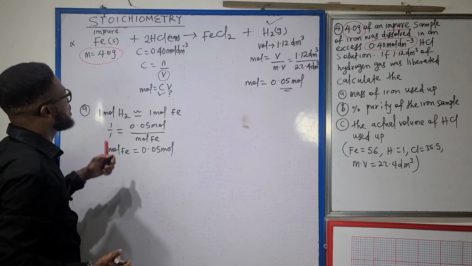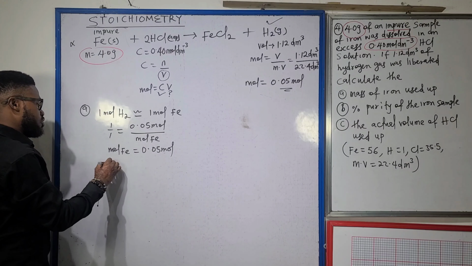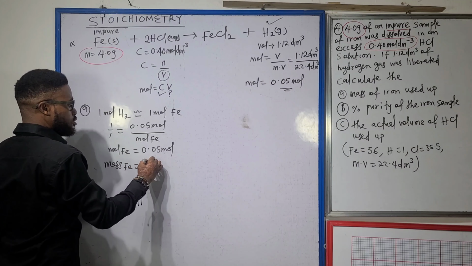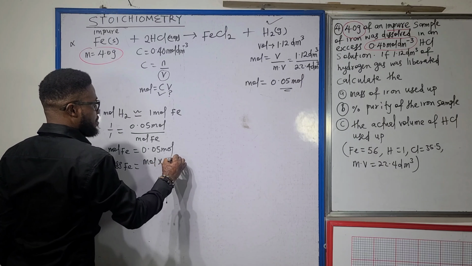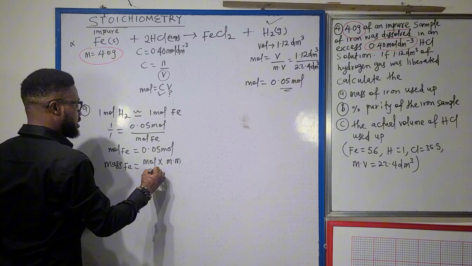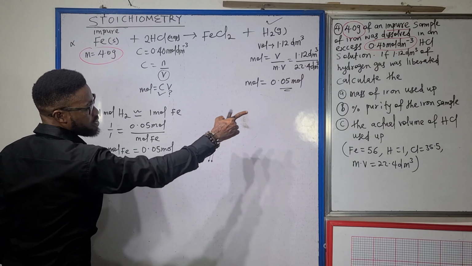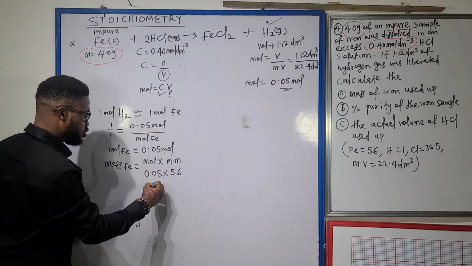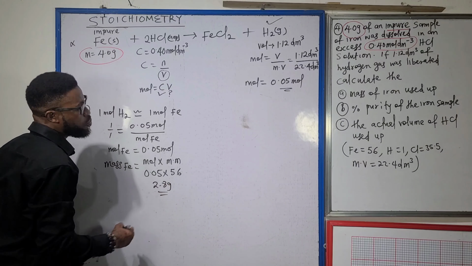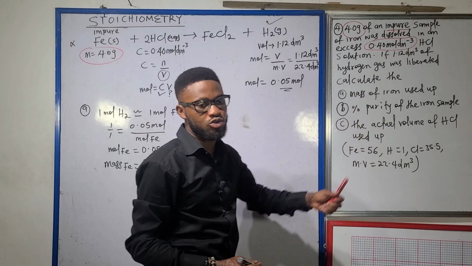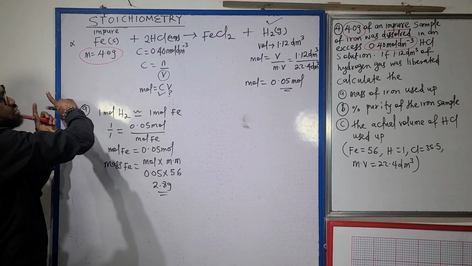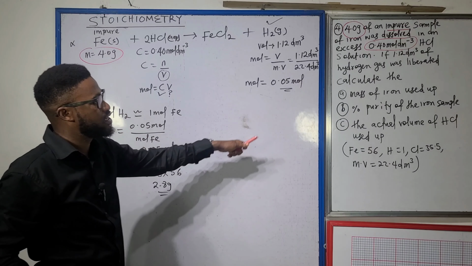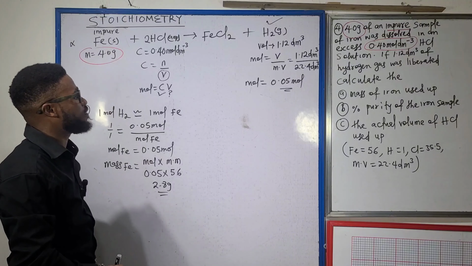It makes no difference. So now the mass of iron is mole times molar mass. The mole here is 0.05 times iron, which is 56. That is 2.8 gram. So 2.8 gram is the mass of iron used up, the mass of iron that actually took part in the chemical reaction to give us 0.05 mole of hydrogen gas.